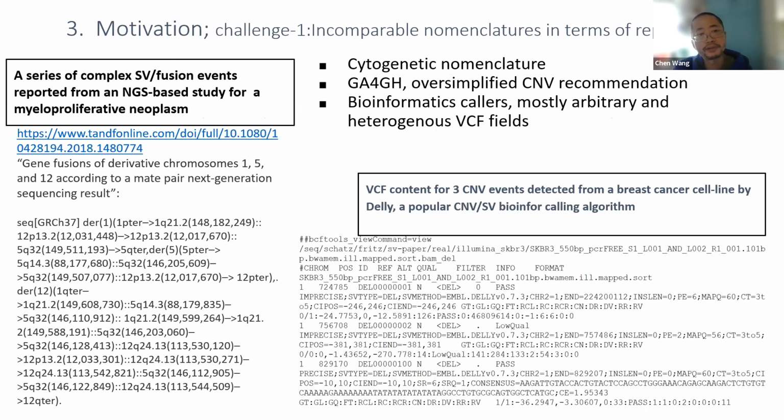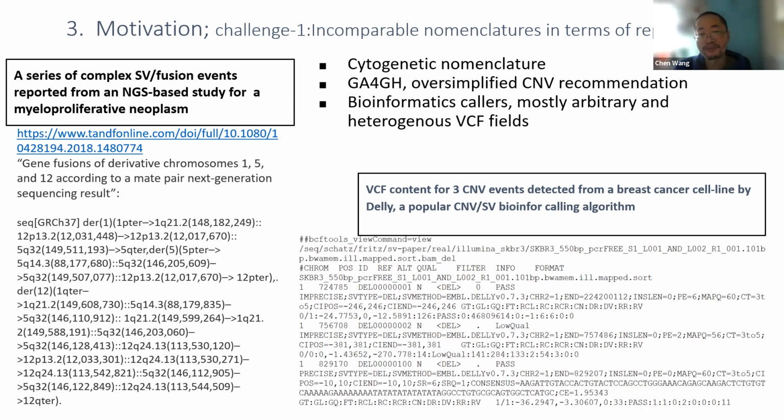The left was a cytogenetic example. It was provided by Beth several months ago. When you find a complex event, like a gene fusion, maybe accompanied by many other structural variant events, if you are not from a cytogenetic background, it will become like a foreign language to you.